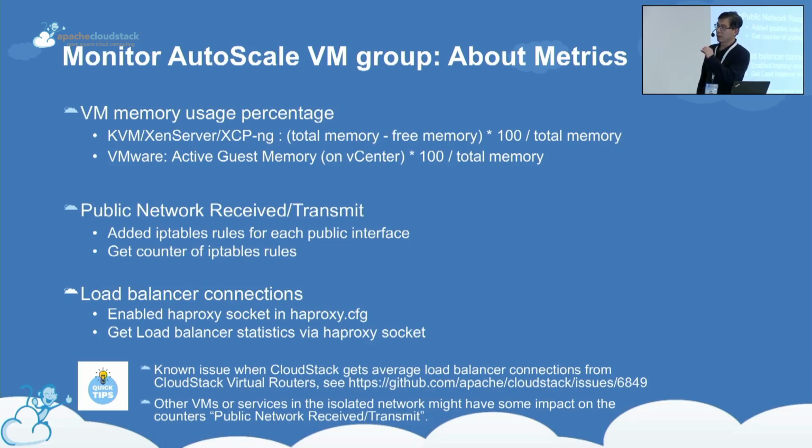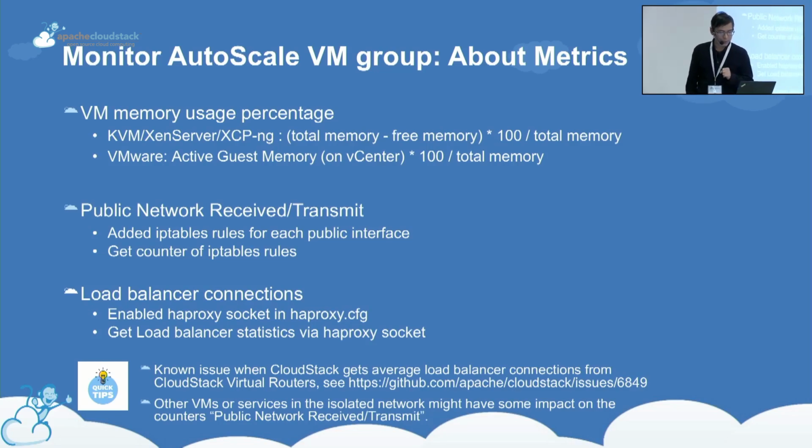It is consistent with the free number in the output, but it is not the available memory. And for VMware, the usage is obtained from the hypervisor. So it's active guest memory divided by the total memory. It is also different from the output of the free command in the VM.